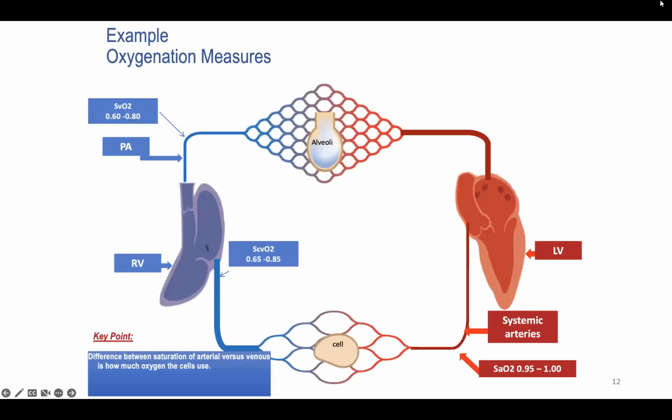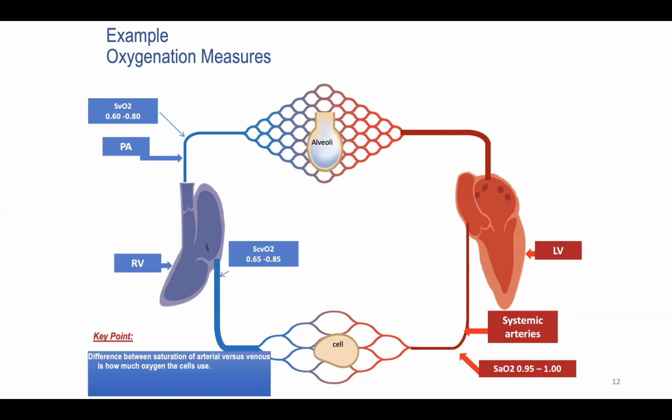So now we go back to that picture and we just remember that the difference between what went out in the artery, arterial set, and what returned in the central vein, venous set, that's how much oxygen your cells used. So if you look at a normal difference, the normal difference is 20 to 30% of oxygen gets used by the cell. That's normal. If your cells need more and they can get it, that gap is going to get wide.